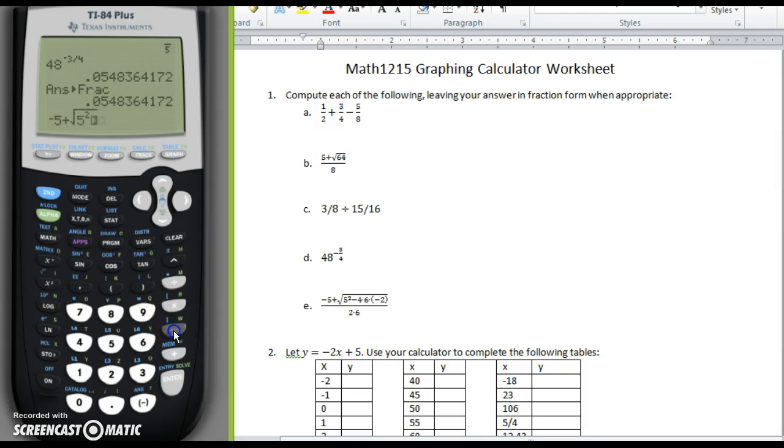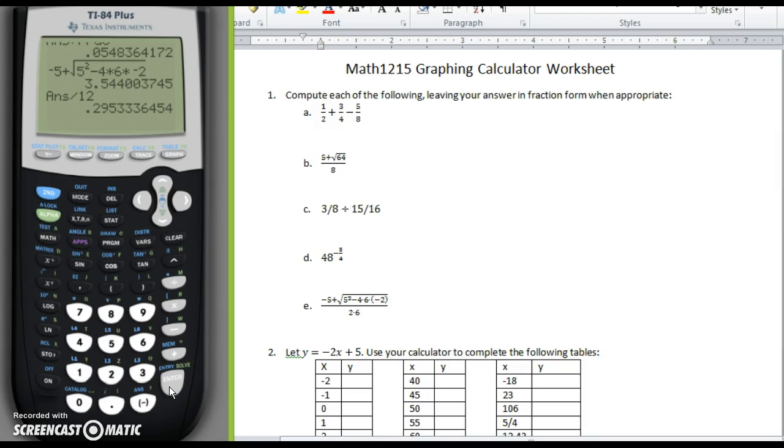And then minus 4 times 6 times negative 2. I'm going to hit enter to get that answer. And then that whole thing has to get divided by 2 times 6, so divided by 12, really. And that would be the answer.